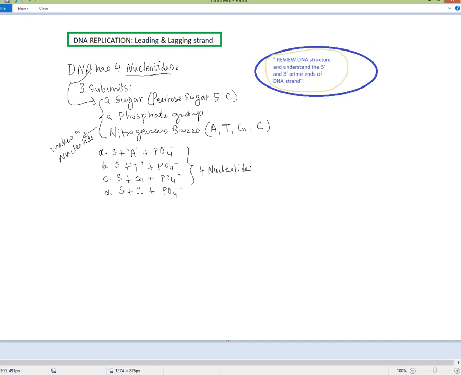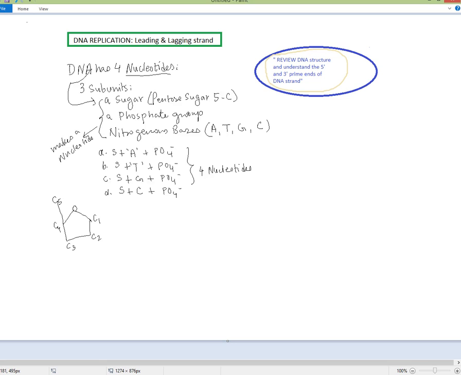Okay, so now let's talk about the structure of the sugar and the nucleotides. So the sugar is a pentose sugar. I'm trying my best to draw, I'm not good at it. There's a pentagonal shape and there is an oxygen right here. And like we said, it's pentose, so it has 5 carbons: 1, 2, 3, 4, and 5 is another carbon.